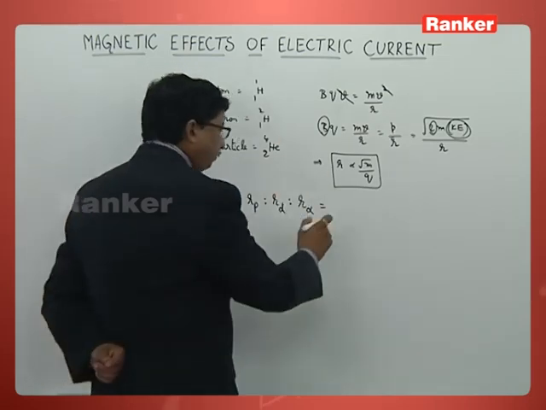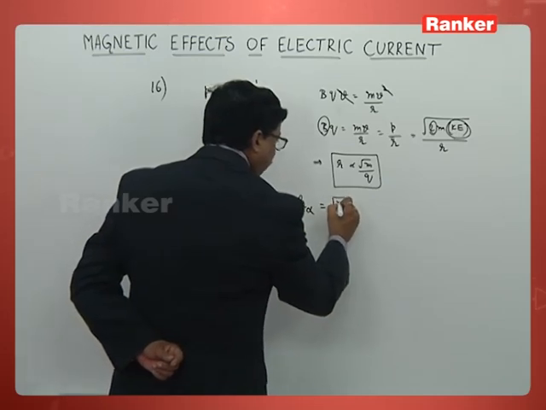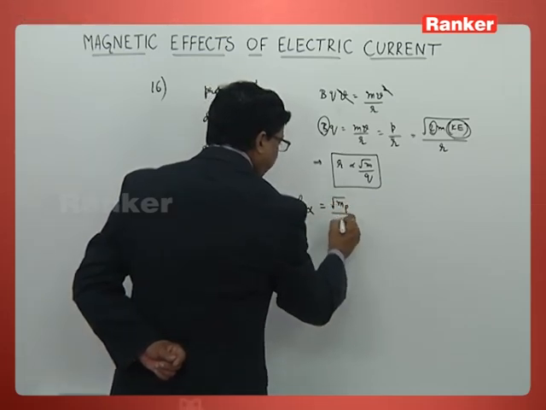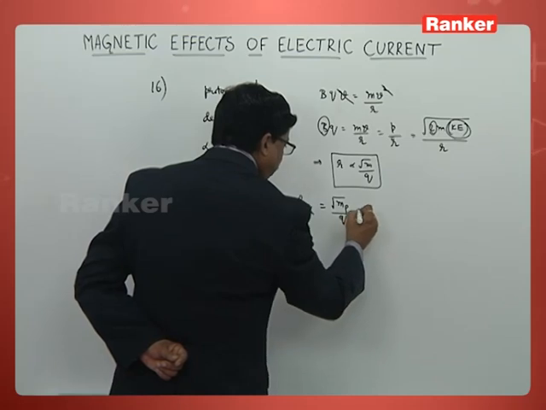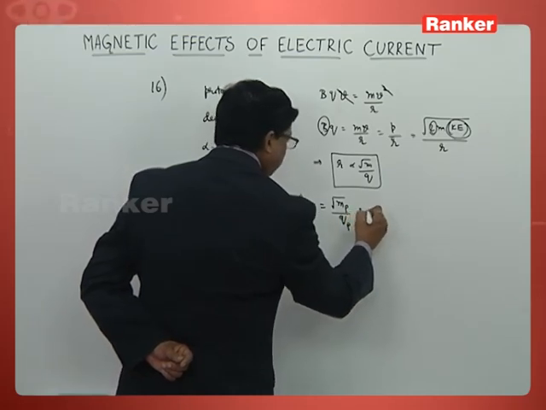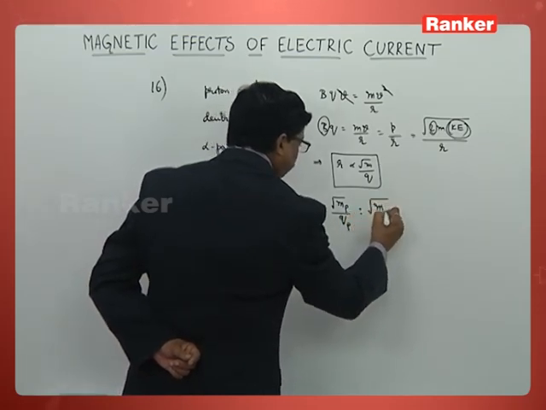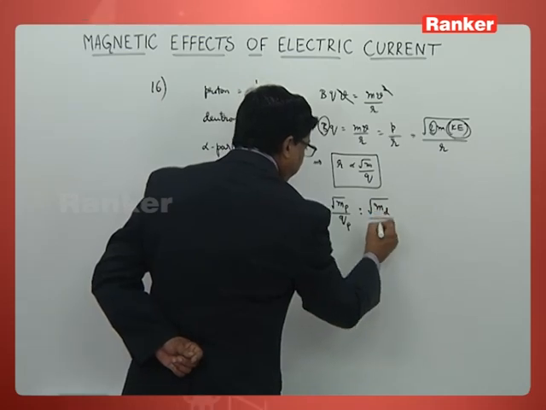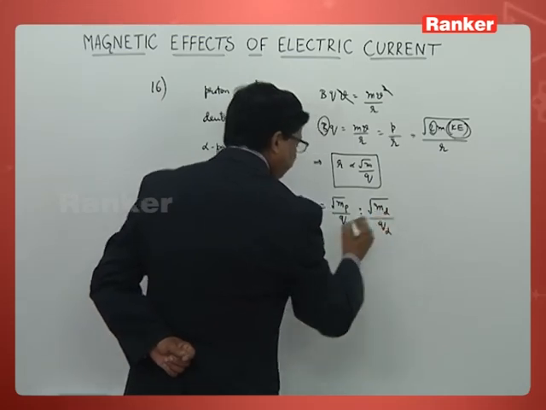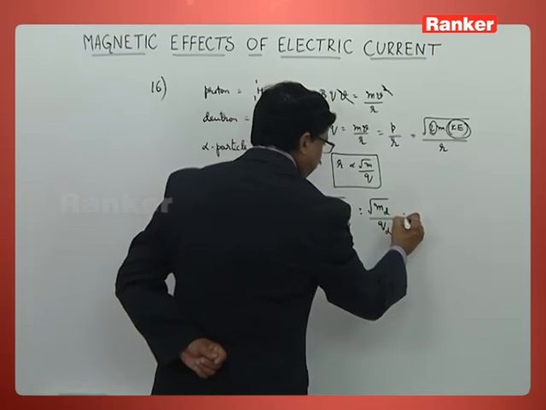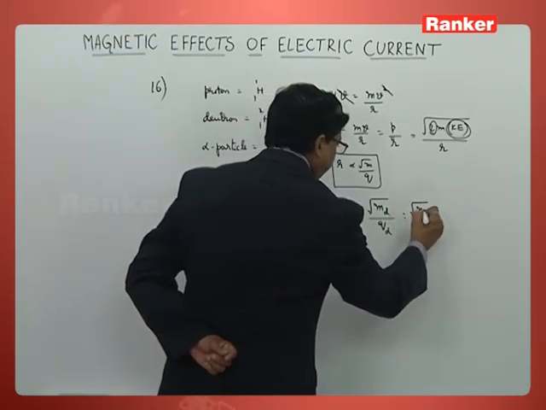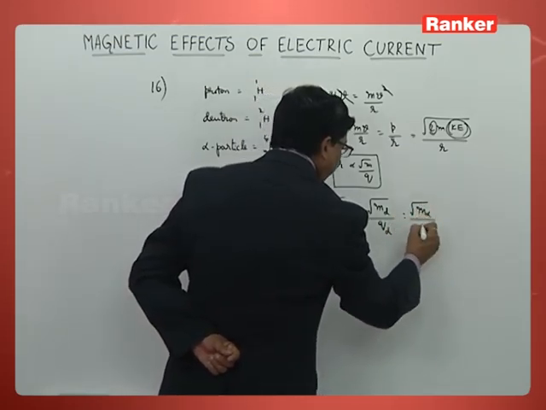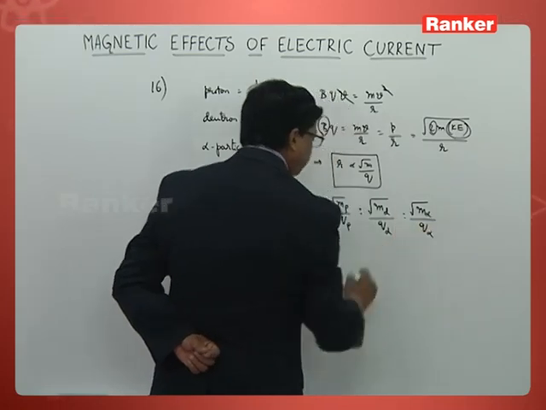I can rewrite the same this way: root of mass of proton by charge on proton is to root of mass of deuteron by charge on deuteron is to root of mass of alpha particle by charge on alpha particle.